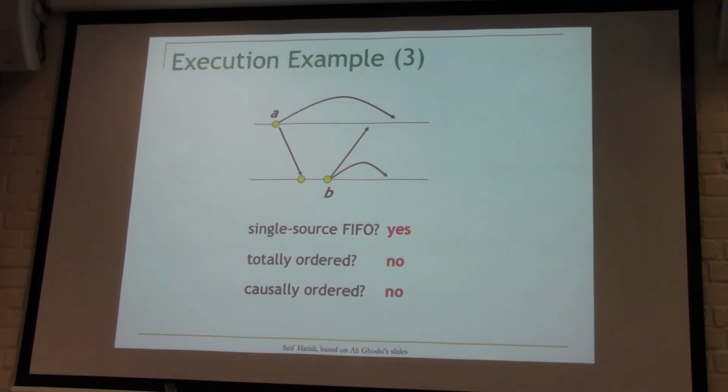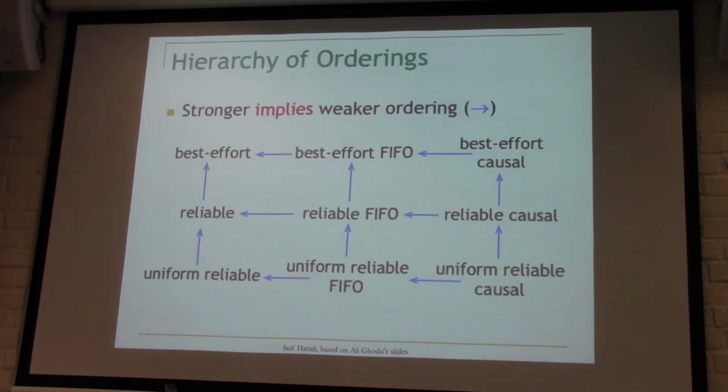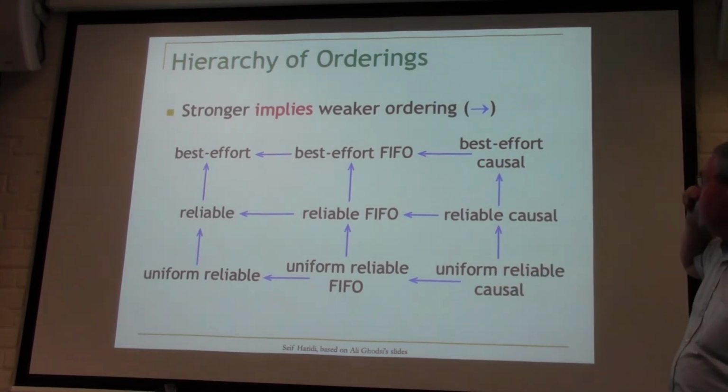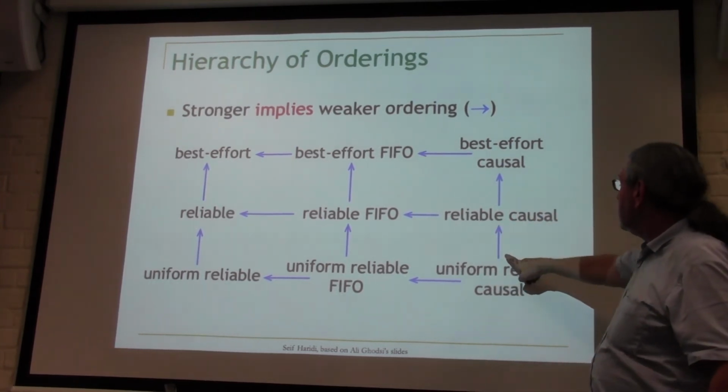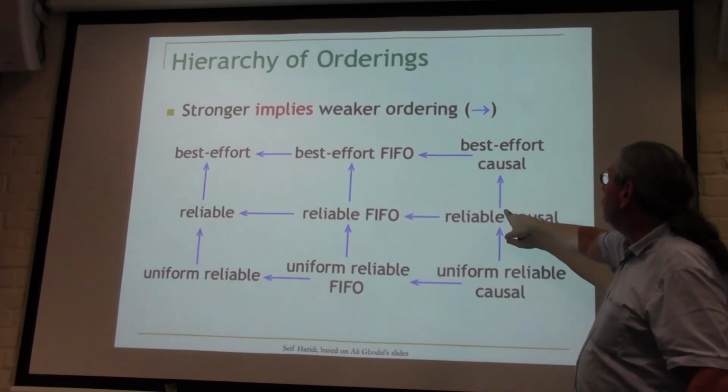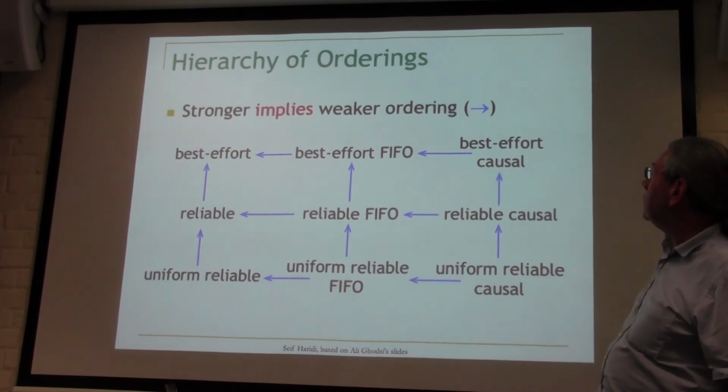Now, let me show another interesting thing. We have seen a bunch of broadcast algorithms. Here I am showing nine broadcast algorithms. The arrow goes from stronger to weaker ordering.